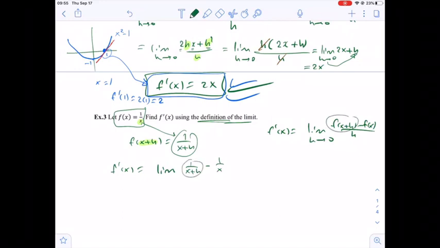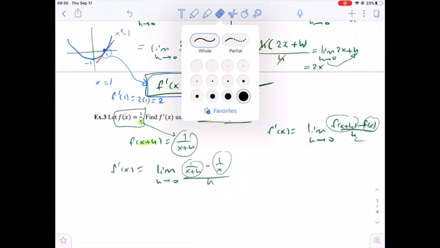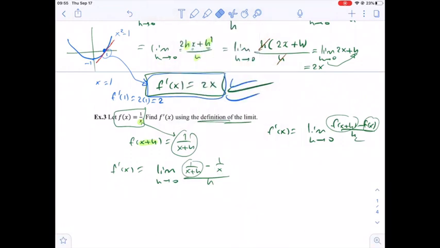Then minus f of x, which is 1 over x, all over h, h goes to 0. And if we see a fraction in the numerator, we need to get a common denominator. Because if you plug in h equals 0, you get 0 over 0. When we plug h equals 0 here, we get 1 over x minus 1 over x over 0, but the numerator is the same.